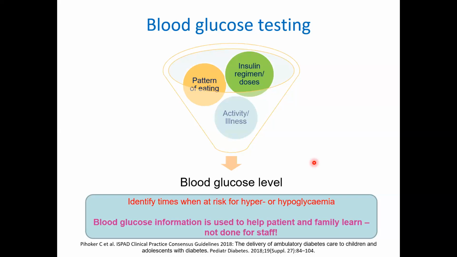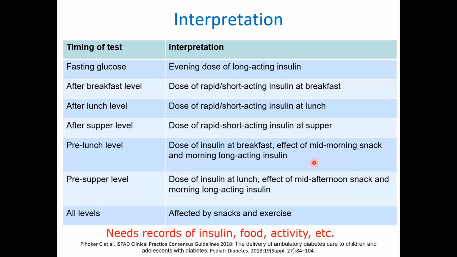So it's important that we always remind them that this information is actually supposed to help them and the family learn, and it's not being done for the staff. In terms of interpretation of the blood glucose readings, this is very important. I know it was mentioned last week, but I just want to remind us about this. How do we interpret the test with regards to the timing?